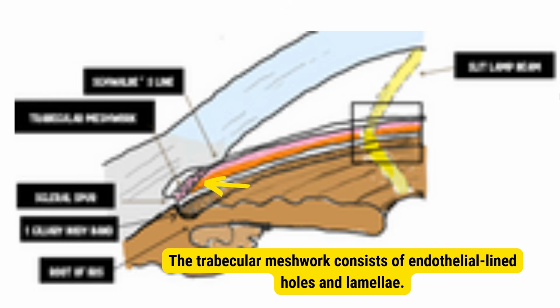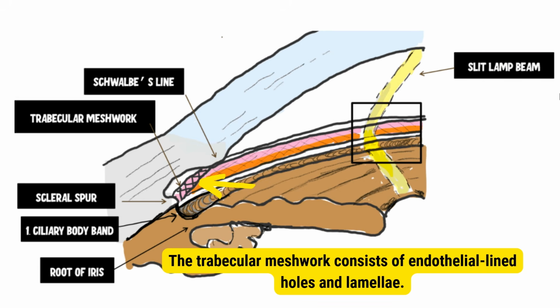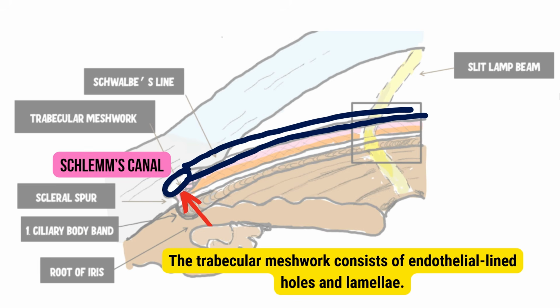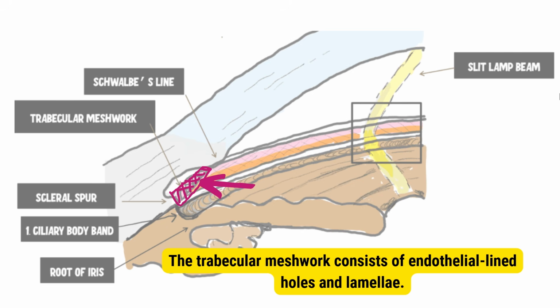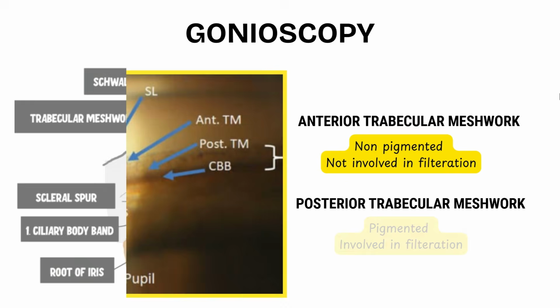The trabecular meshwork is a structure that overpasses the scleral sulcus and converts that scleral sulcus into a circular channel. This channel runs 360 degrees around the iris, and this is known as the Schlemm's canal. The trabecular meshwork is a triangular porous structure that you can see over here in the cross section, and it consists of connective tissue surrounded by the endothelium.